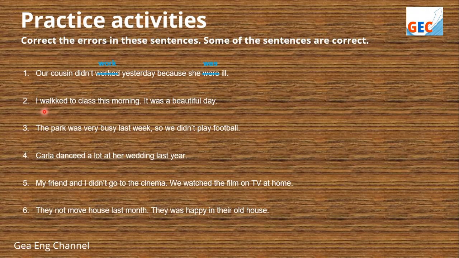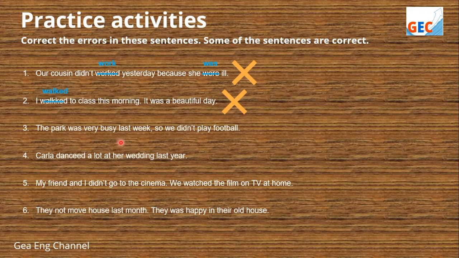Number 2, I walked to class this morning. It was a beautiful day. Is this sentence correct or wrong? Yeah, it is wrong. So it should be, I walked to class this morning. It was a beautiful day. Number 3, the park was very busy last week, so we didn't play football.